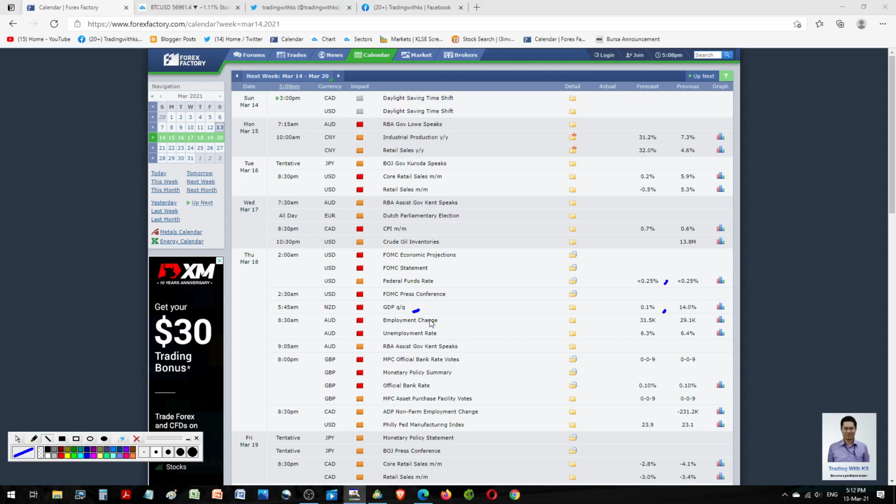So in the morning on Thursday, we got New Zealand GDP, we got Australia employment change, they expect improvement. Unemployment rate also they expect improvement for AUD, so if all this comes out positive, it will be good for the Aussie dollar and New Zealand dollar. We got the RBA assistant governor speaking again.